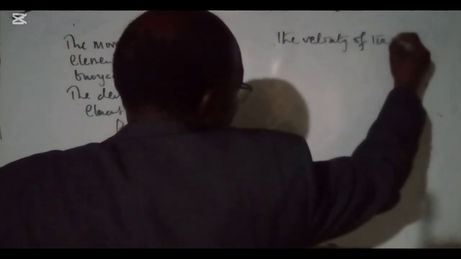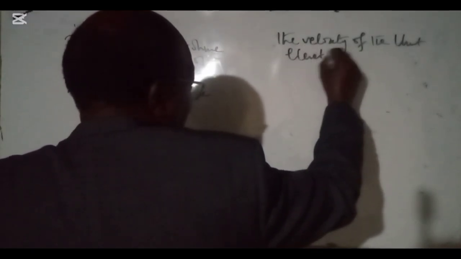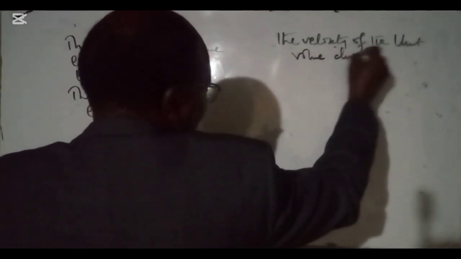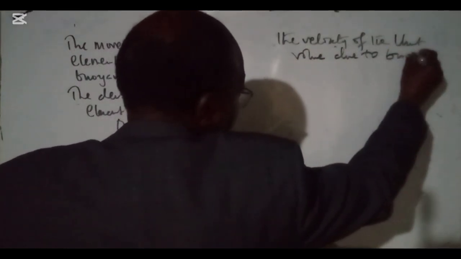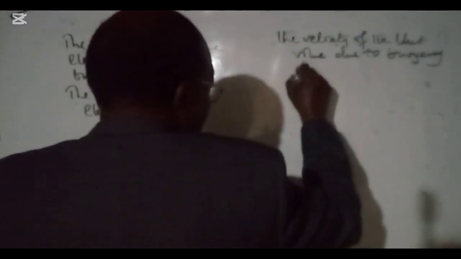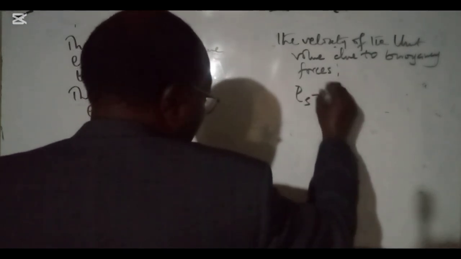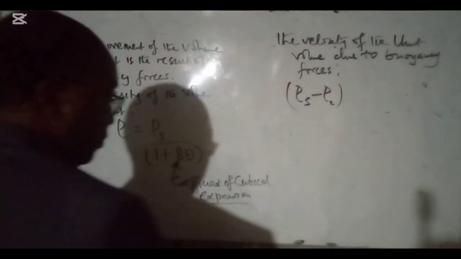And that movement, the velocity of the unit element, unit volume, due to buoyancy forces, we can represent that as rho.